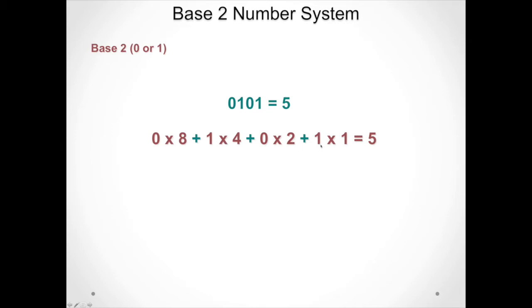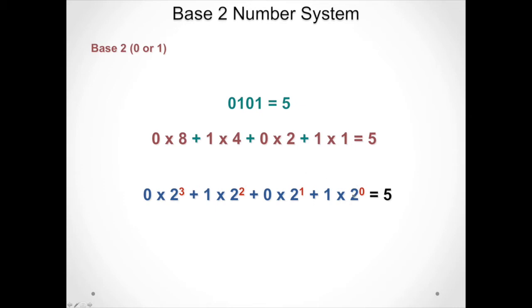So we have 1, right? 1, 2, 0 twos, 1 four, 0 times 8. If we look at this, we can see that this also, as the base 2 number, also increments. So 0, 1, 2, 3.